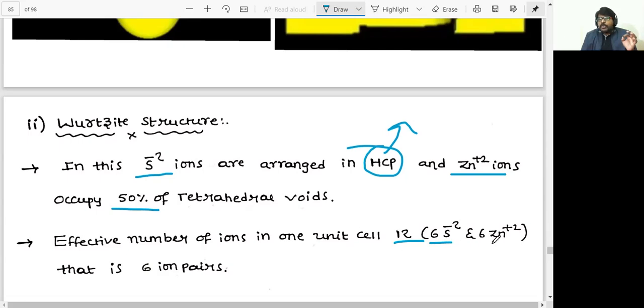Only 50% of tetrahedral voids are occupied, which means 6. In zinc blende there are 4 ionic pairs effectively, but here 6 ionic pairs effectively. Accordingly, the mass is different, and if you want, you can calculate the packing efficiency with the help of the data I provided.